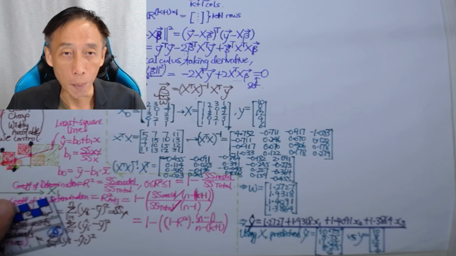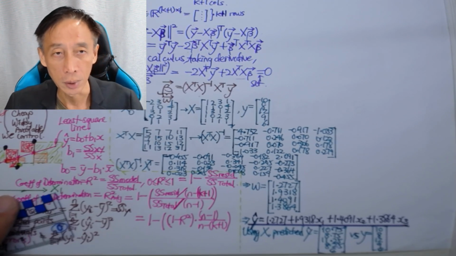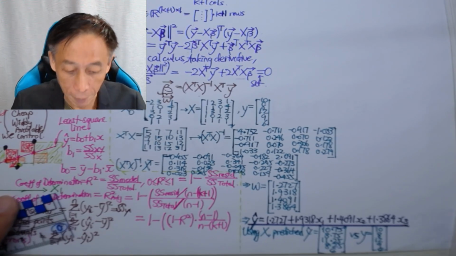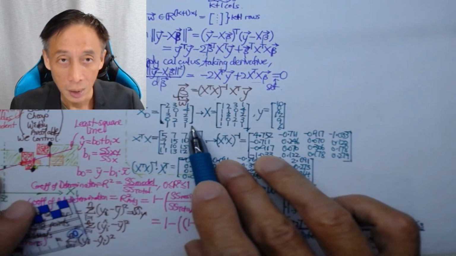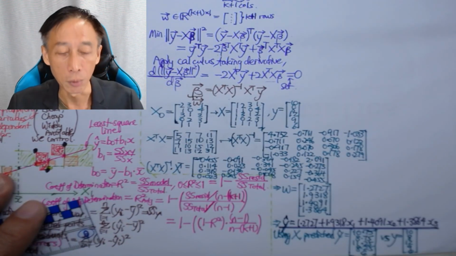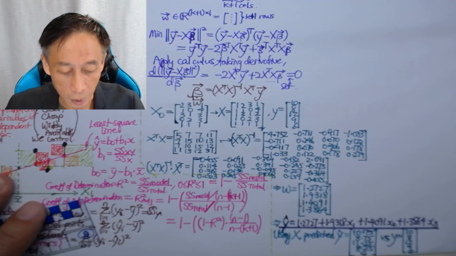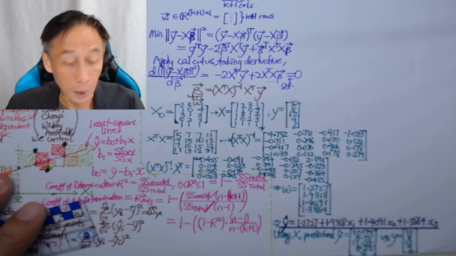So your job becomes more to interpret the output tables. We'll use this numerical example to pipe it in and see what is the outcome from the already written functions and libraries, and then interpret them.